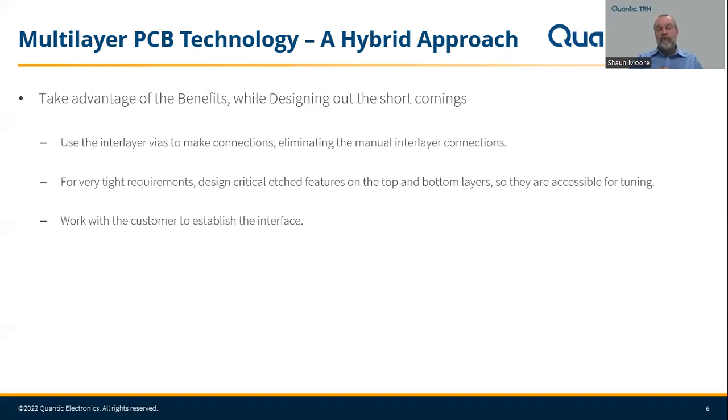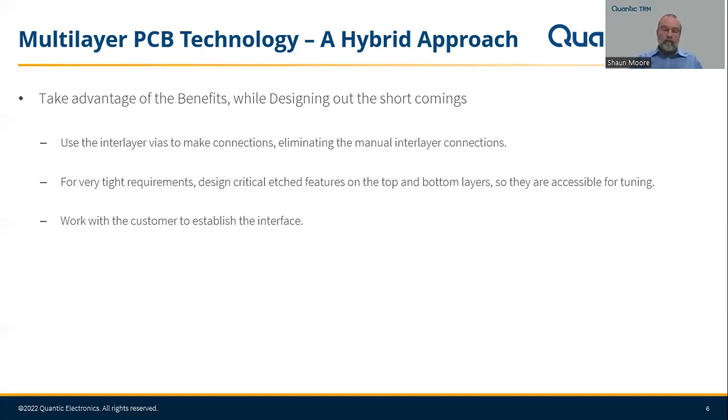However, there are some systems that, quite frankly, just can't tolerate it, but they would benefit very much from the other benefits of having a multi-layer structure. So if we can, like I said, for those sorts of applications, I think it's very appropriate to design the part where we have access to those sorts of features to make that final adjustment as needed.